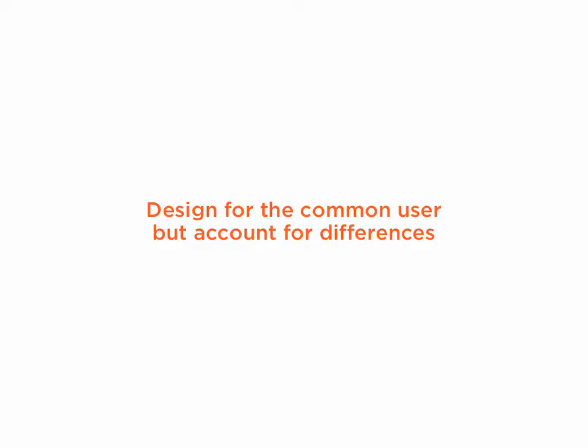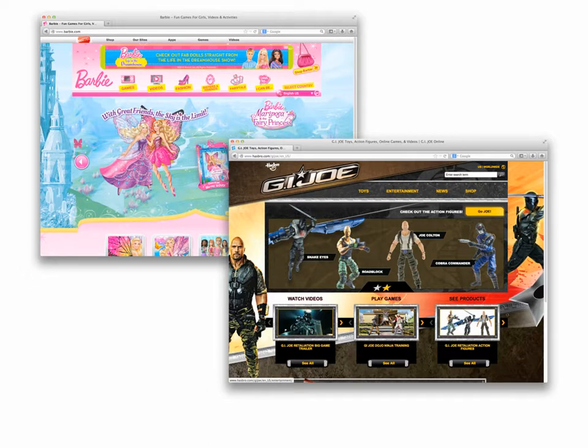And there's a harmony in this: you want to design for the common user, but you need to make sure that you account for the differences among them. So here are two websites that are very targeted towards children. They're bright, they're colorful, there's lots of big images, but the design of them is very specifically targeted towards the demographic that they're marketing for.